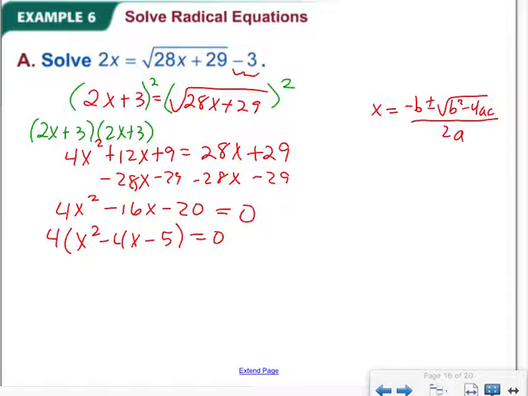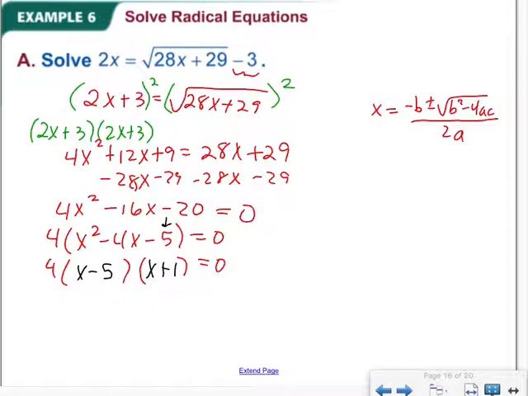Now, what's inside the parentheses is factorable, so let's factor that some more. You just have to remember your rules of factoring from Algebra 2. You're looking for two numbers that multiply to give negative 5 and have a sum of negative 4. That would be negative 5 and positive 1.